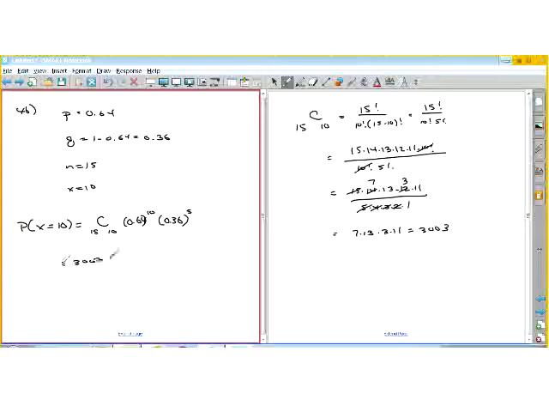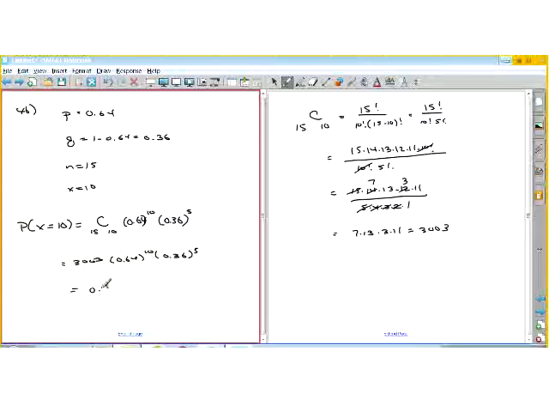So now we come over here, plug that in, 3003, 0.6 to the 10th, 6, 4. Oh, I keep forgetting the 4. 0.64 to the 10th, 0.36 to the 5th power. 3003 times 0.64 to the 10th times 0.36 to the 5th.